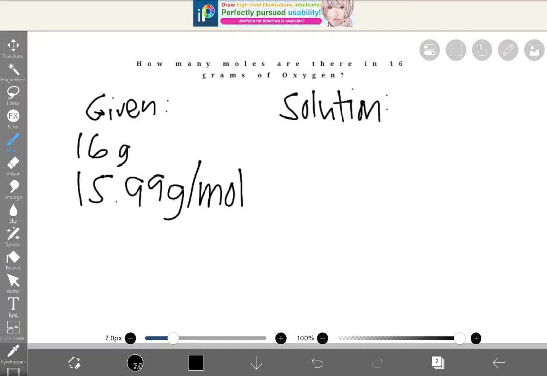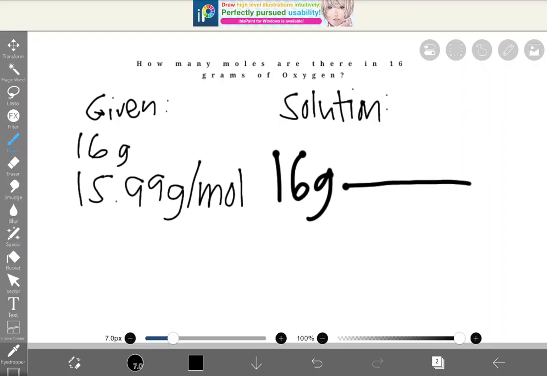We have 16 grams of oxygen, and we have 15.99 grams of atomic mass. So we put 16 grams here, and since it's per mole, we put the 15.99 grams per mole on this side.